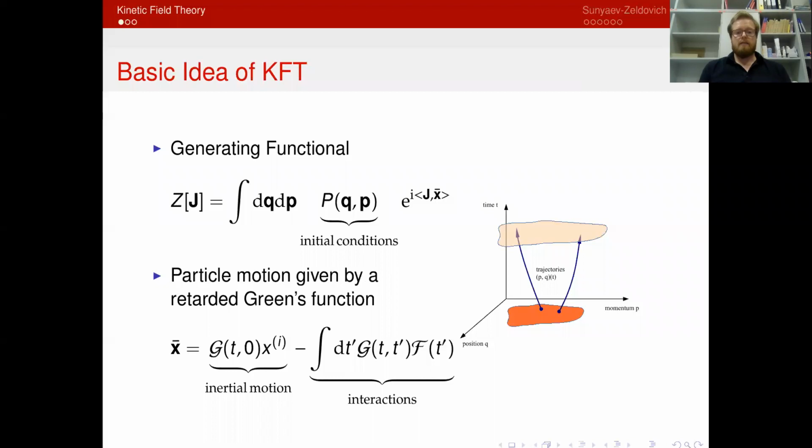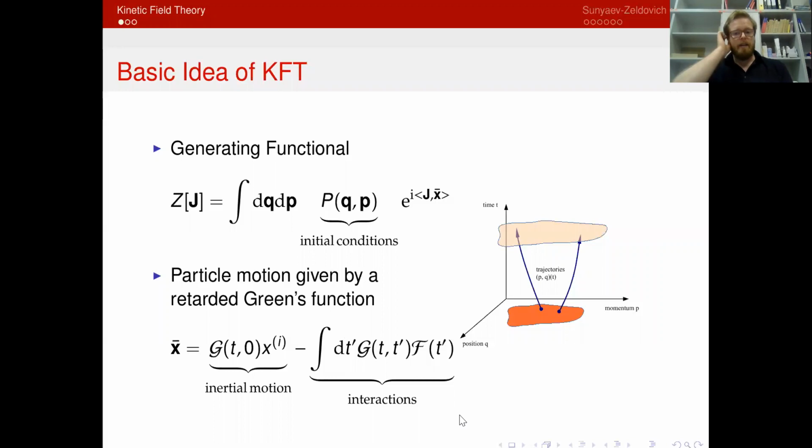We're looking at an ensemble of n particles that are moving through phase space according to the Hamiltonian equations of motion. So their trajectories are never going to cross. We can write down the particle motion by means of a retarded Green's function, and we're going to split the motion into an inertial term and some interactions right here.